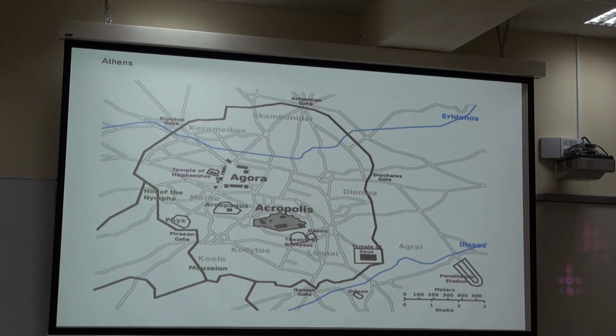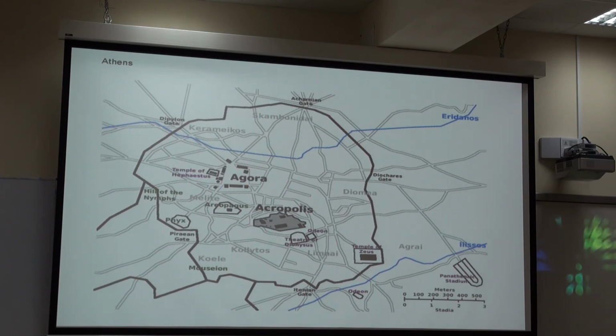And the next one. So if we look at the plan of Athens, we see that at the time there was the Acropolis, that was the important sacred place, the important temple place, and that introduces one power that existed in the city.